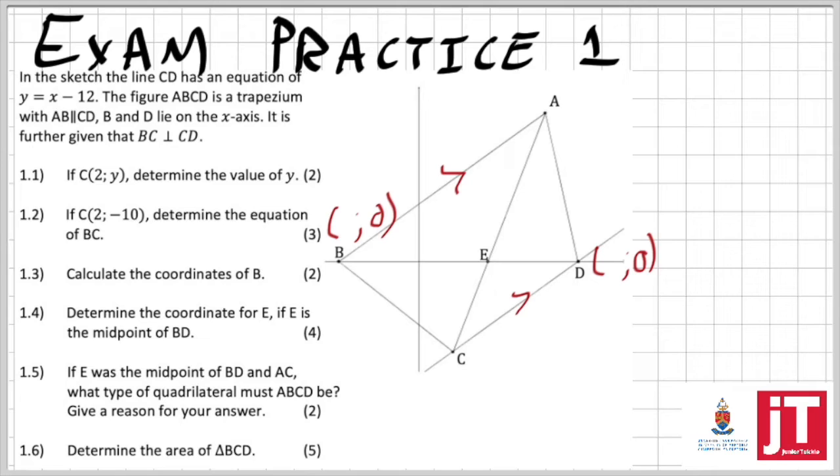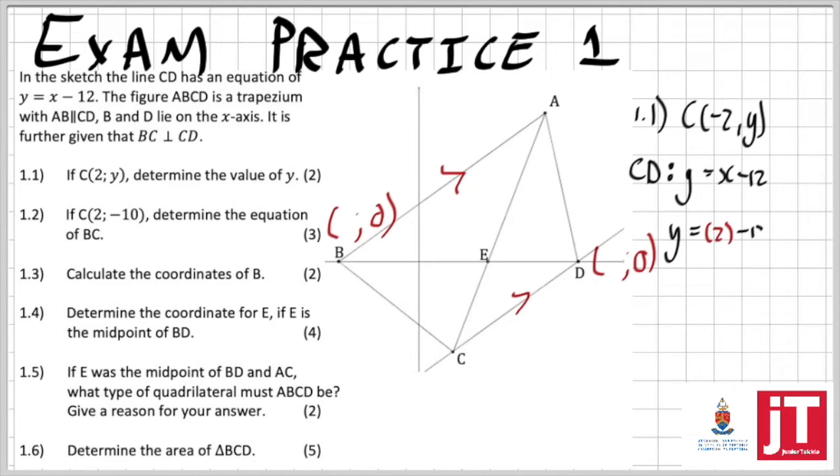Because I have the equation of the line passing through C and D, I am simply going to take that x value, substitute it in, and ta-da! I've got the y value. As easy and as simple as that, ladies and gentlemen. Do not forget that if you've got an x value or a y value and a line, you can just substitute in to get the other coordinate.